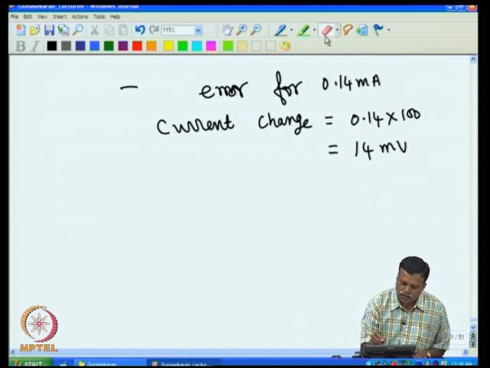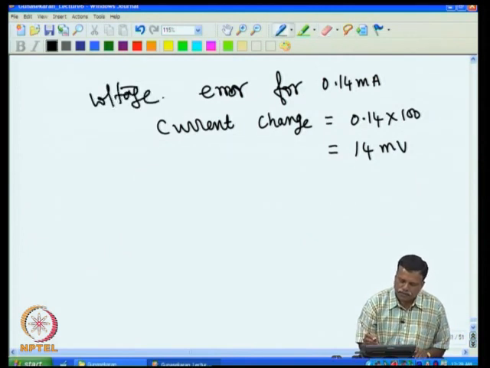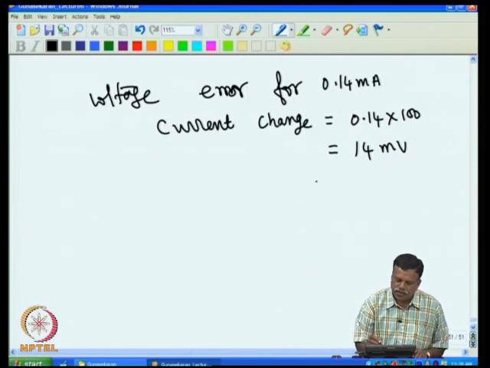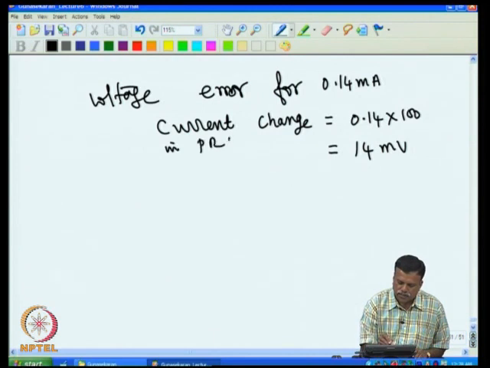So the voltage error for the current change in the PRT will be equal to this.